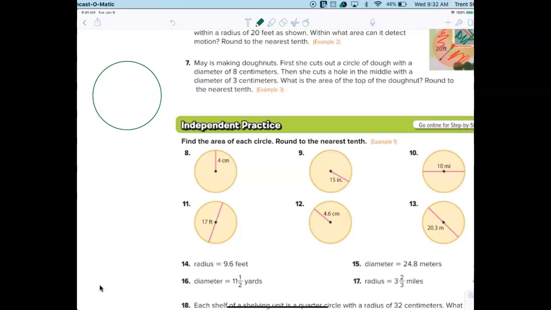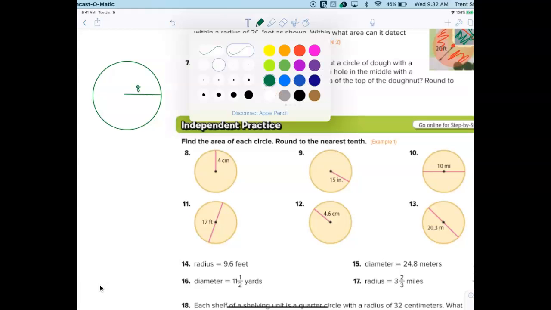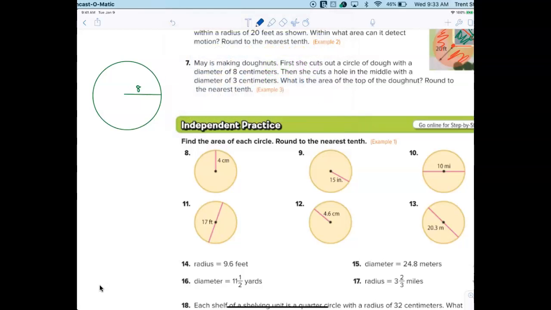All right, so now, here we go. I'm drawing my donut, and it has a radius of what? 8, right? Then I'm cutting out a circle for the hole. Didn't it say diameter? Does it say diameter? Thank you, Smarty Pants.